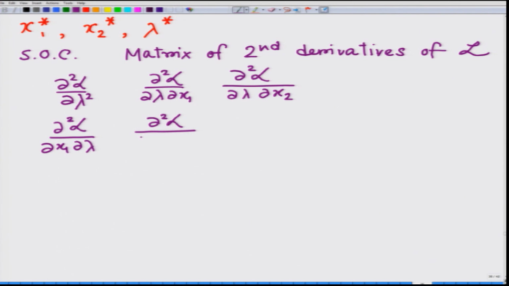Then after we are done with that, we have to now differentiate the first and the second first order condition with respect to all 3 decision variables, and that is how we are going to get our components of this matrix.